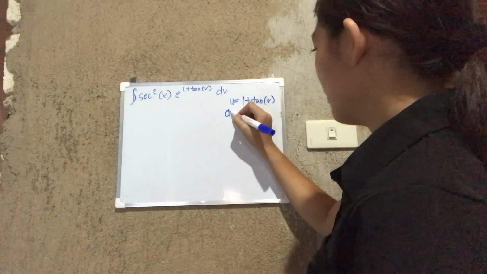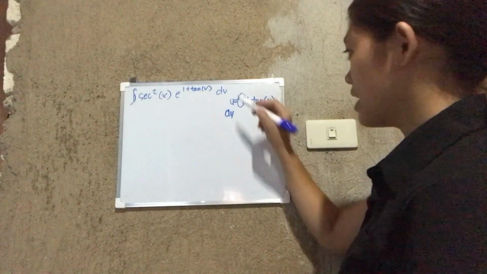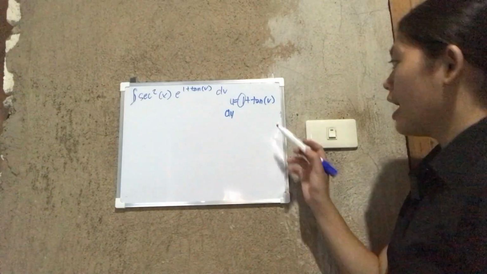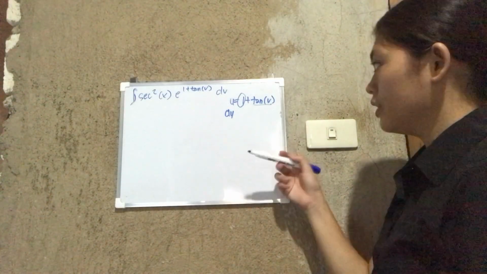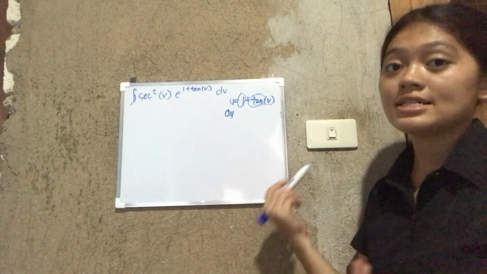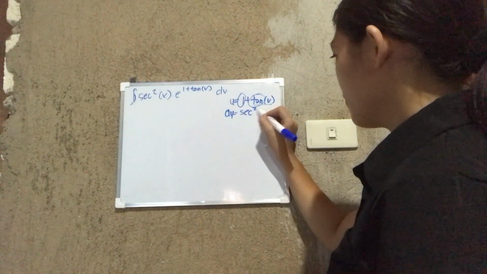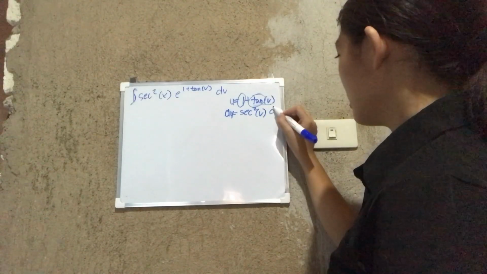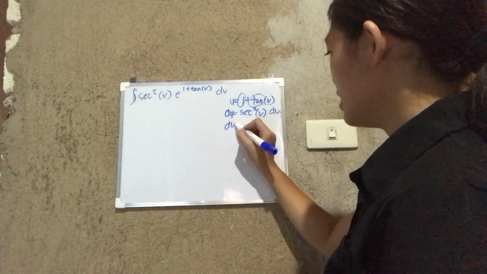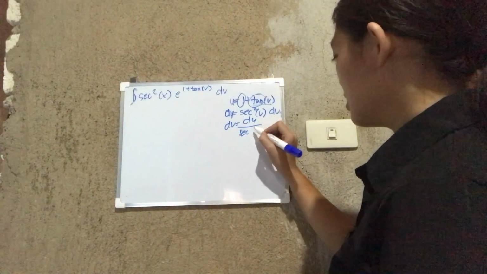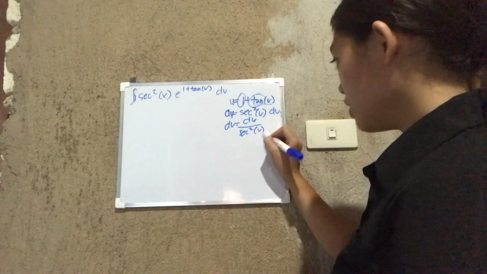And then derive this one. We all know when we have a constant, its derivative is equivalent to 0, right? And the derivative of tan v, or tan itself, is secant squared. So it will be secant squared v, then copy the dv. Then dv is equal to du over secant squared v.